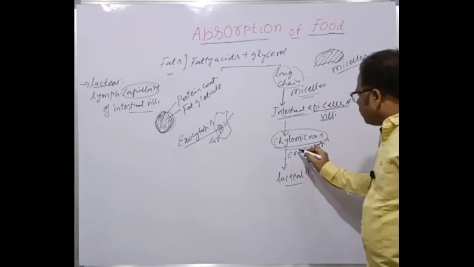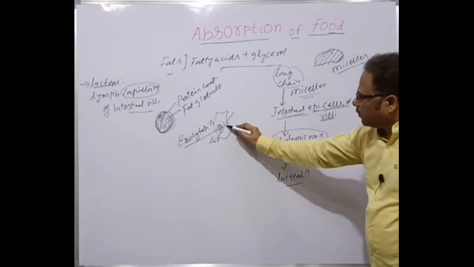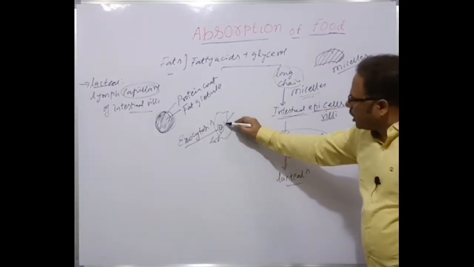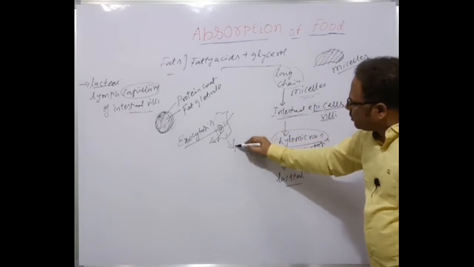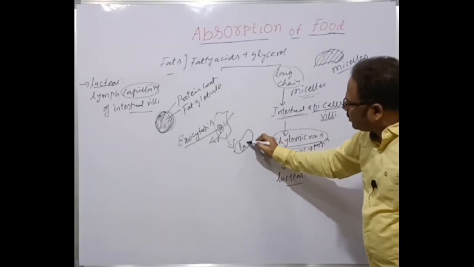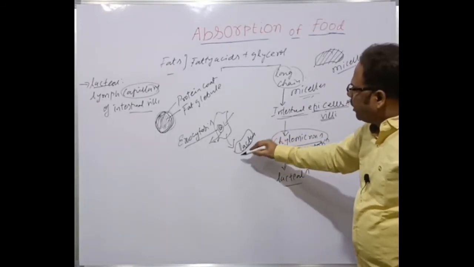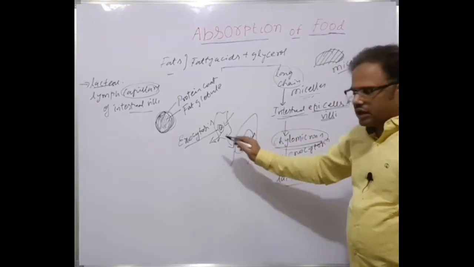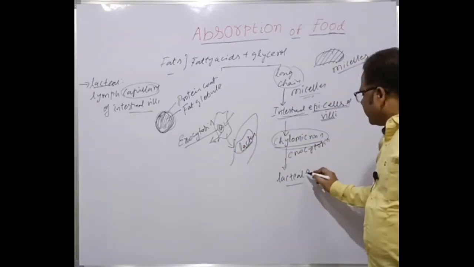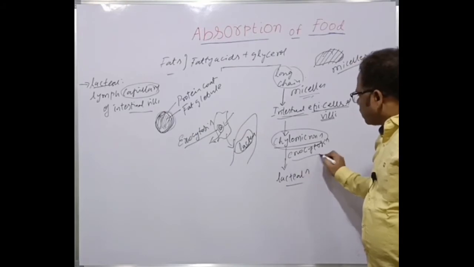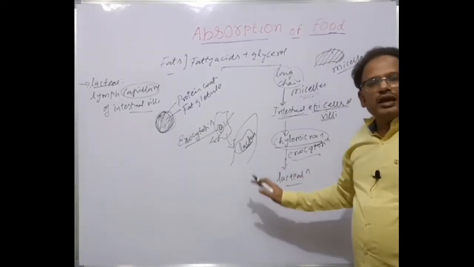The chylomicrons exit out of the columnar epithelial cells and enter the lacteal. In this way, the chylomicrons are entering the lymphatic system.